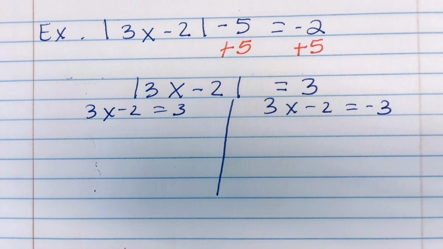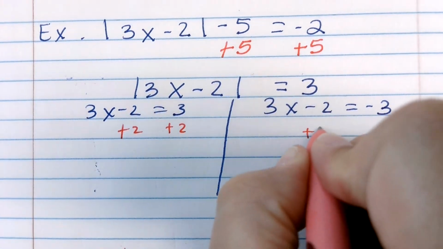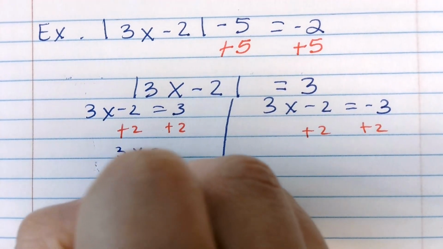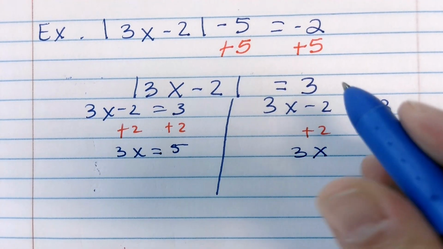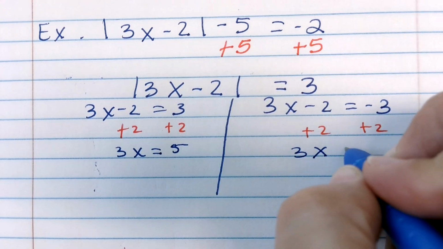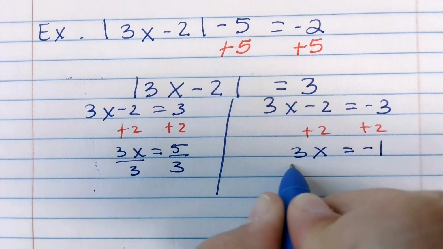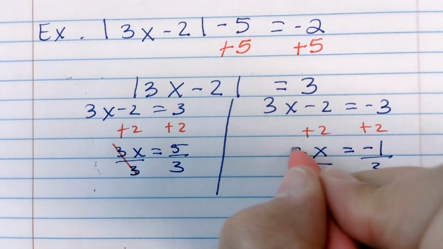Solve your two-step equations by adding 2 to both sides, and then we're going to divide by 3 because that's the coefficient of our variable. These cancel.